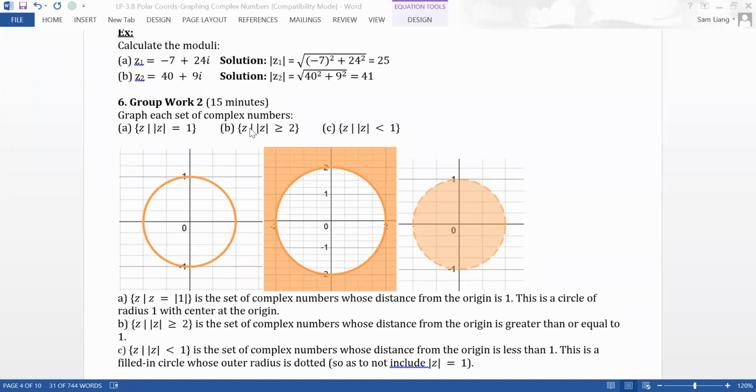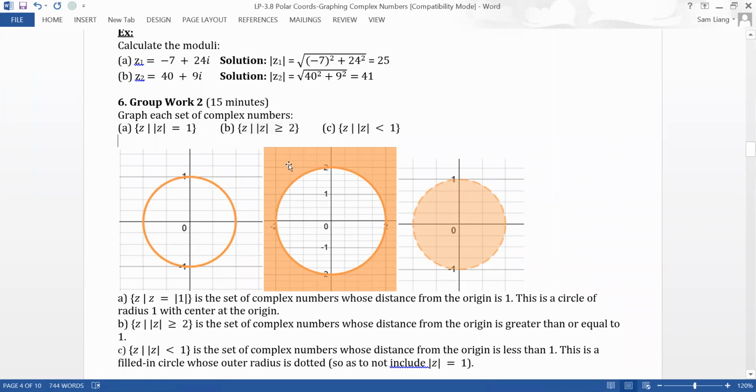Part B is a set of all complex numbers such that the distance is greater than or equal to 2. So basically all these questions have to do with circles, and just think about whether to include the circle itself, and whether to shade outside or inside the circle. So this is going to be greater than or equal to 2, which means outside the circle, right?